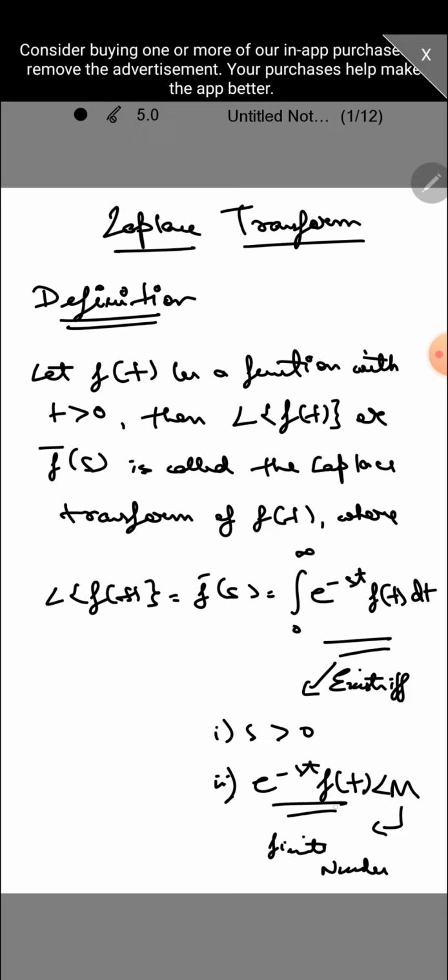Basically that means that e to the power minus st f(t) is a finite value, nothing else. Clear? Got it? Okay. So this is the basic definition of Laplace transform. Now we will be studying the Laplace transform of some elementary functions, and then we will be looking towards the properties of Laplace transform. So let's go on to the next page.